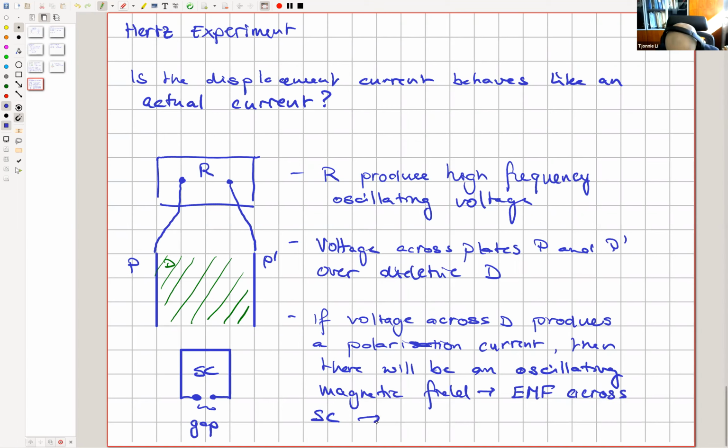Indeed, we hope to see sparks across the gap.